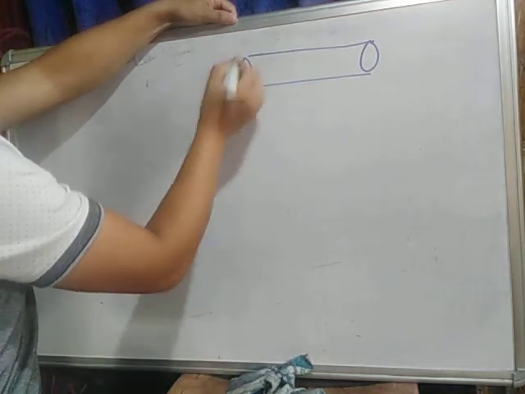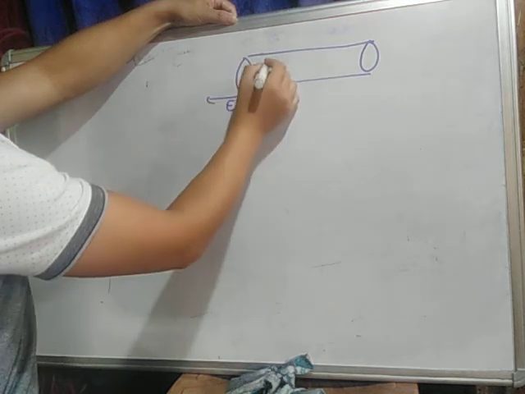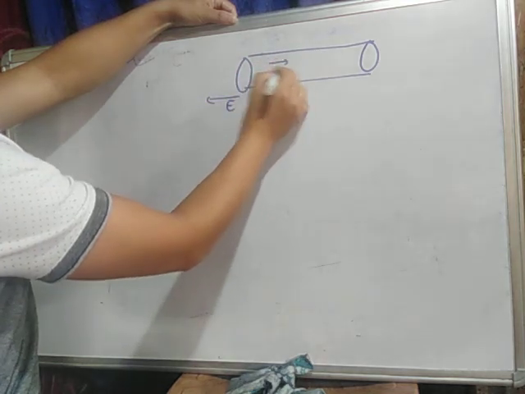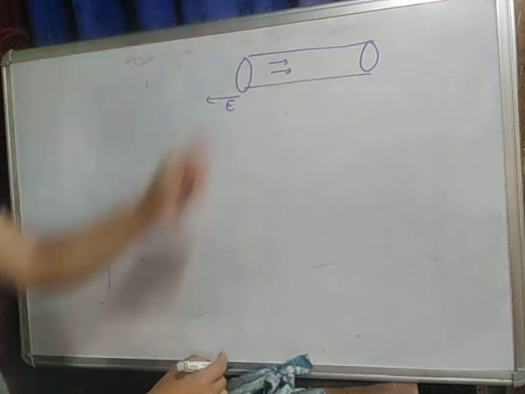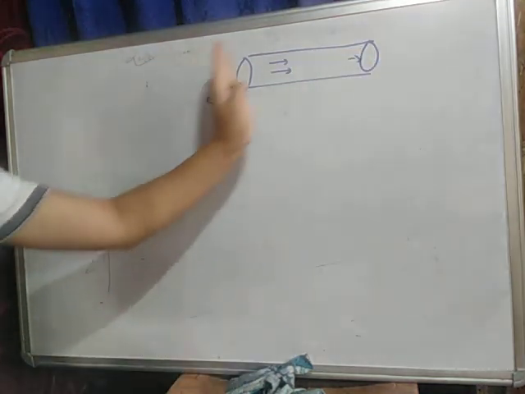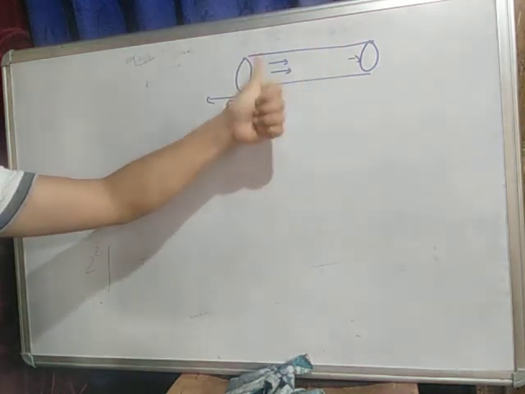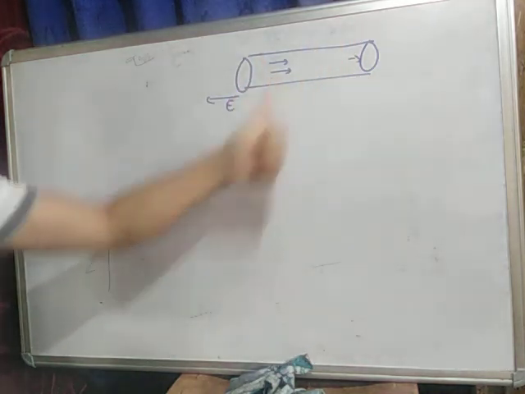Whenever you apply the electric field to this conductor, the electrons drift towards the next end, towards this end. That is why the current is there, isn't it?